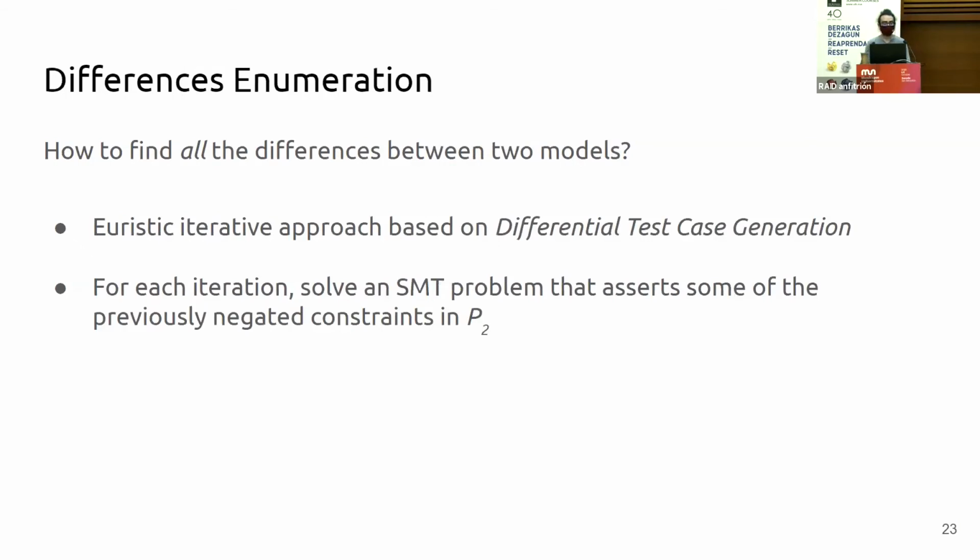All right. We expanded this technique into the differences enumeration, in which we find all the differences between two models. This is a heuristic iterative approach, which is based on the technique we just saw, in which for each iteration, we solve an SMT problem that asserts the first model, negates the second one, but also asserts some of the previously negated constraints in the second model.